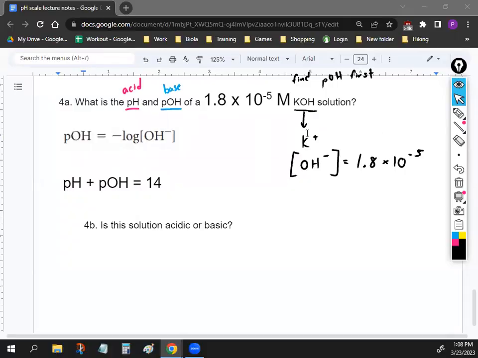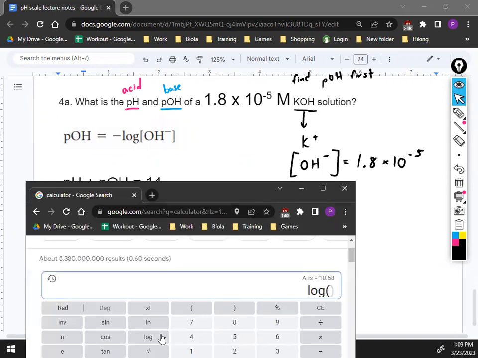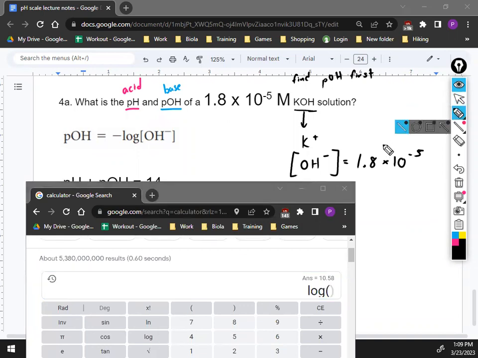If we take a look at this formula right here, we have OH minus. So all you want to do is plug it into this equation on your calculator. You're going to click log, sorry, and then plug in this number. Now, it's pretty hard to punch this into your calculator, so you have to move the decimal 5 times to the left.